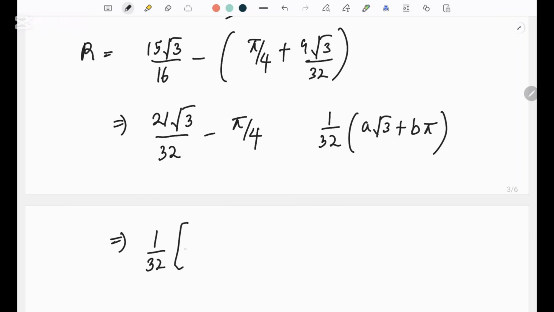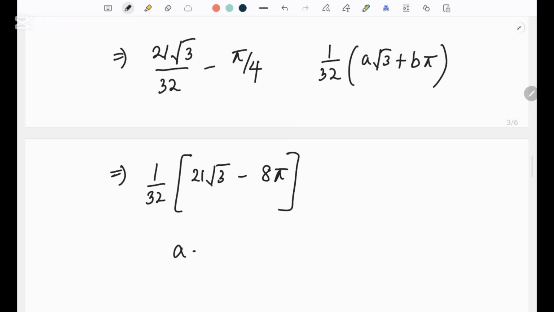So it's 1 over 32 times 21 root 3 minus 8 pi, right? So a equals 21, b equals minus 8. These are your final answers. So that's how you do this question.